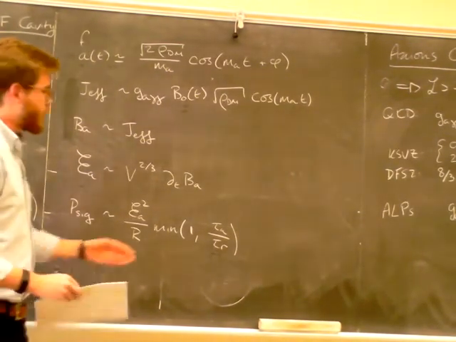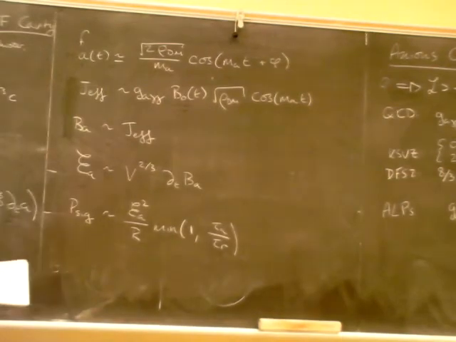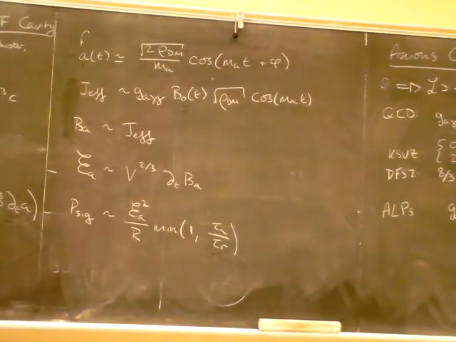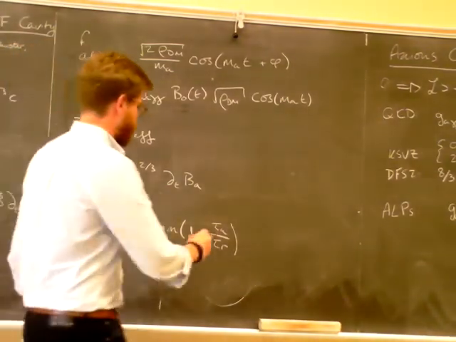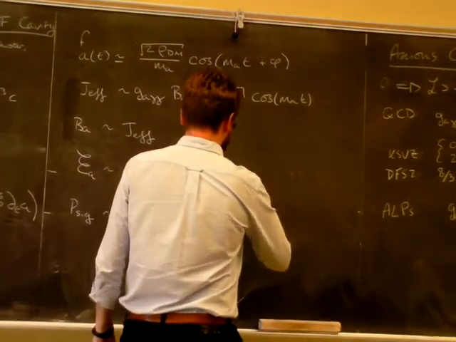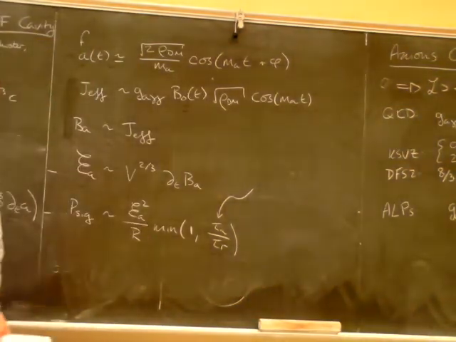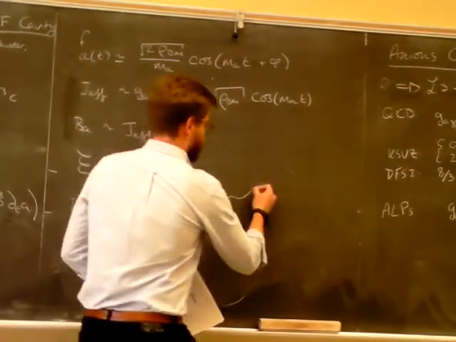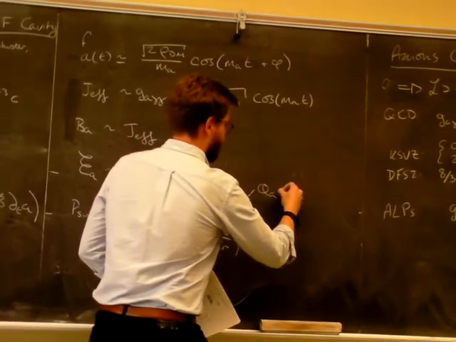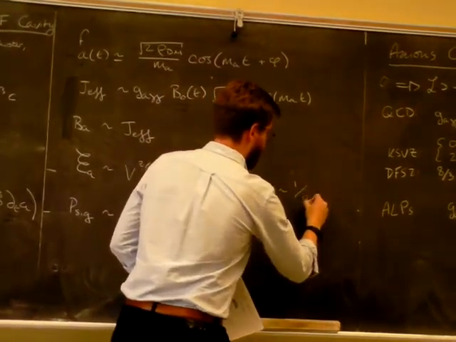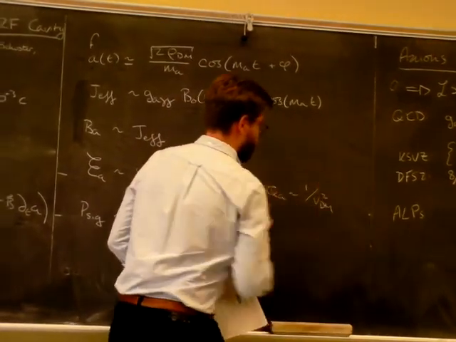The coherence time of the axion field comes from the fact that this velocity is actually important in the sense that you can think of the axion as having some sort of inherent quality factor, which we'll define as Q axion, which is roughly 1 over the velocity of dark matter squared.